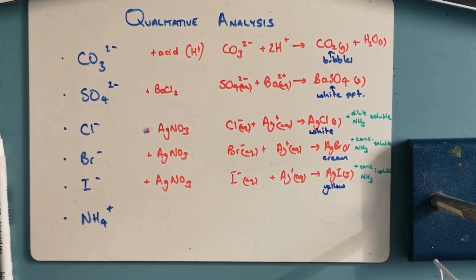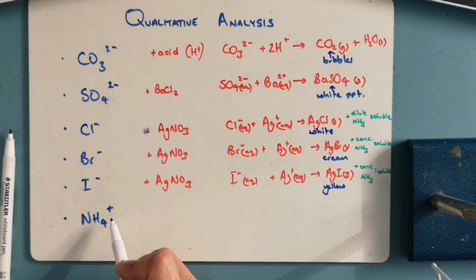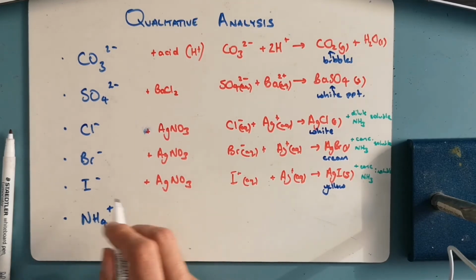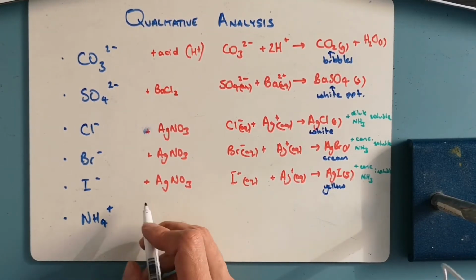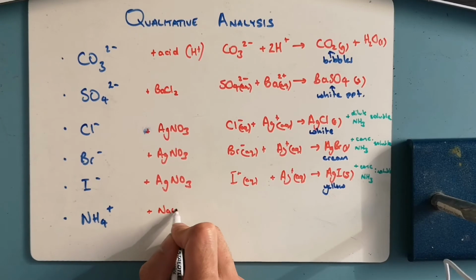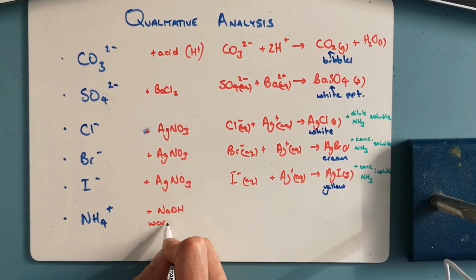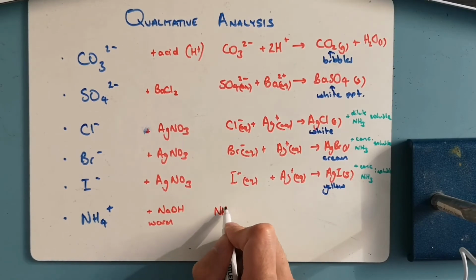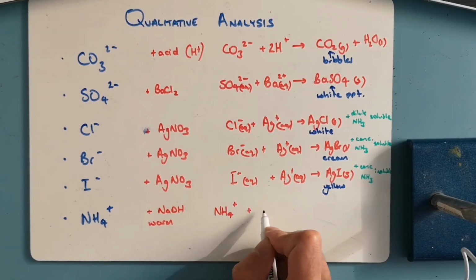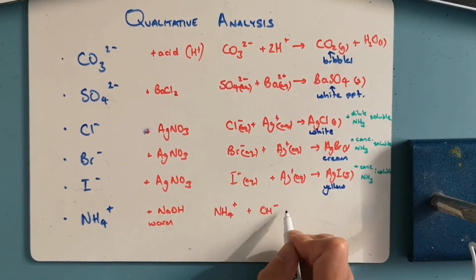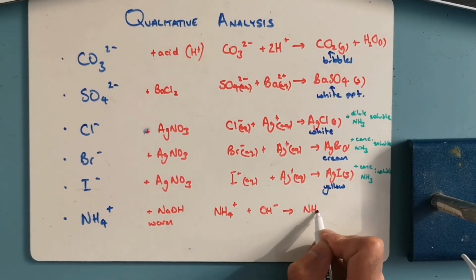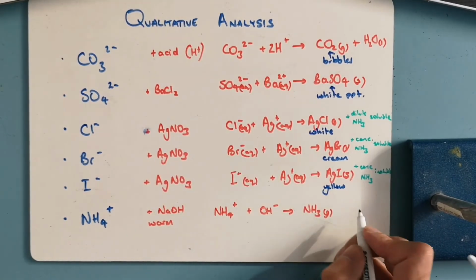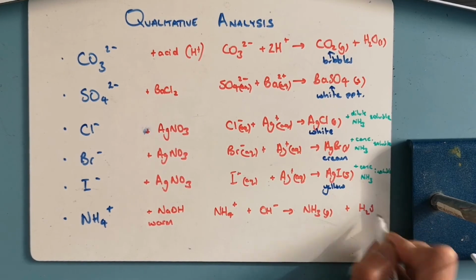Ammonium, the only cation, positive ion, we've got: to this we're going to add sodium hydroxide and warm it up, and we get a gas produced. NH4+ plus OH- will go to ammonia gas, really strong smelling, plus H2O.